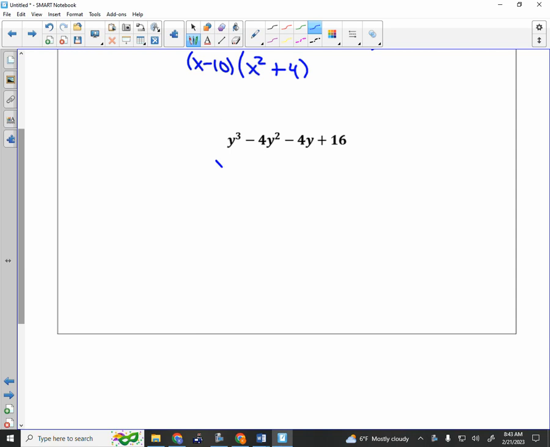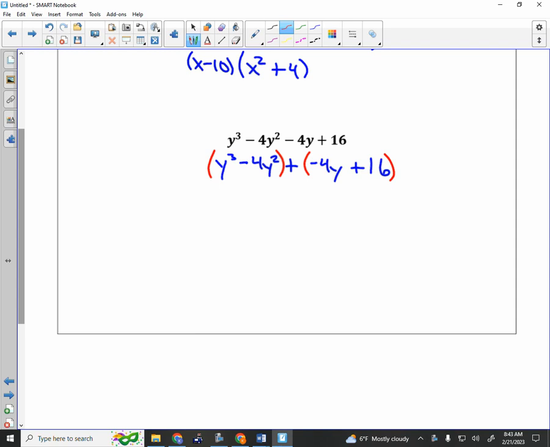Y cubed minus 4y squared plus negative 4y plus 16. So never put a parenthesis down in front of a subtraction sign. Never, ever do that. It will change the value of the rest of the terms. So now that I have addition, I can put my parenthesis in front.